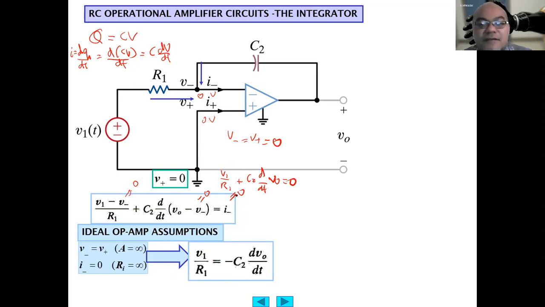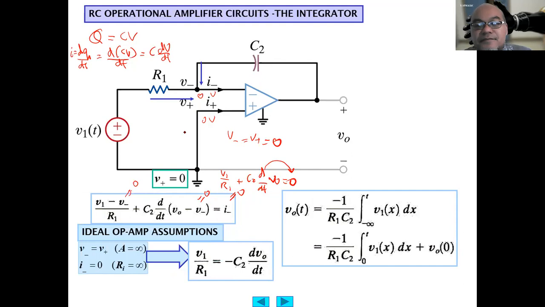So V1 over R1 equals minus C2 dV out/dt, moving the term to the right-hand side. Based on this, we can solve for the output using an integral. dV out/dt equals minus 1 over R1 C2 times V1. So V output becomes minus 1 over R1 C2 times the integral from minus infinity to t of V1(x) dx.